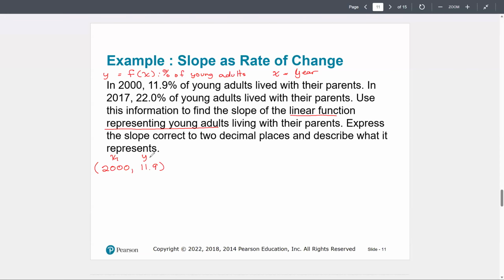Then I have another pair, the year 2017, which is my x because x is years, and my y is 22.0. So my slope is going to be 22.0 minus 11.9 divided by 2017 minus 2000.